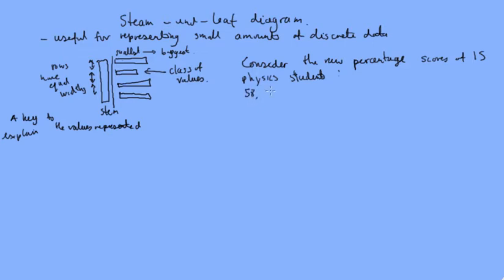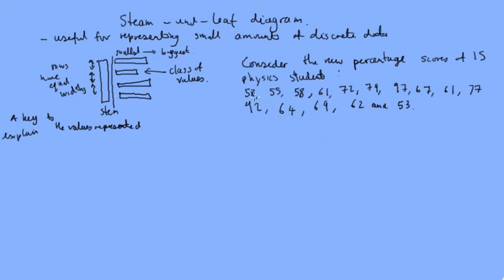So we've got 58, 55, 58, 61, 72, 79, 97, 67, 61, 77, 92, 64, 69, 62, and 53. So we're going to represent this in a stem and leaf diagram.